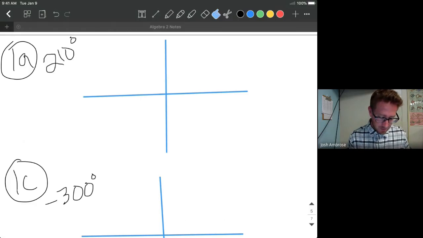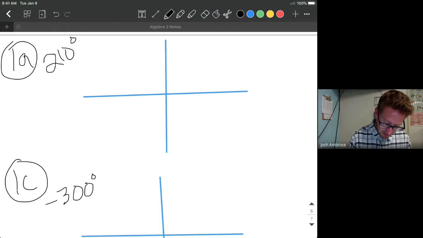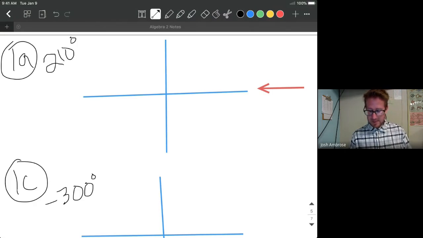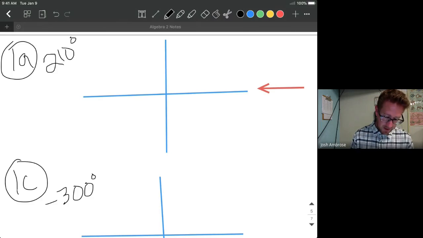Let's take a look at example 1A where we actually have to draw the angle with the given measurement in standard position. Here we go, 210 degrees. We start in standard position. That's where you're going to start, and from there it's a positive 210.